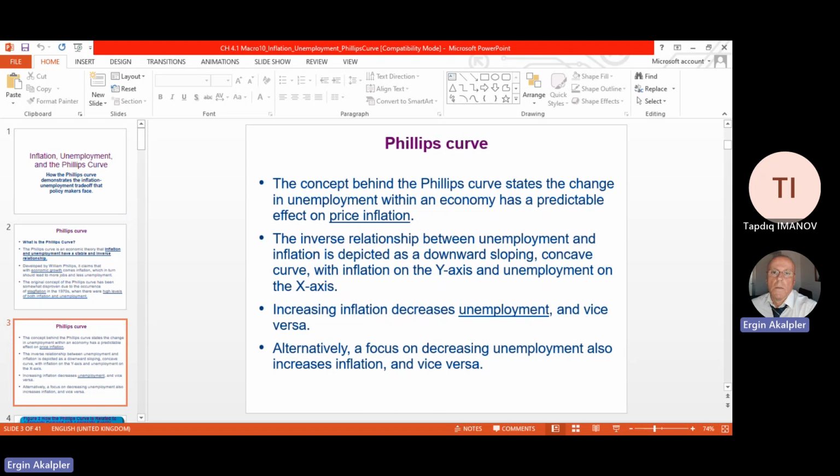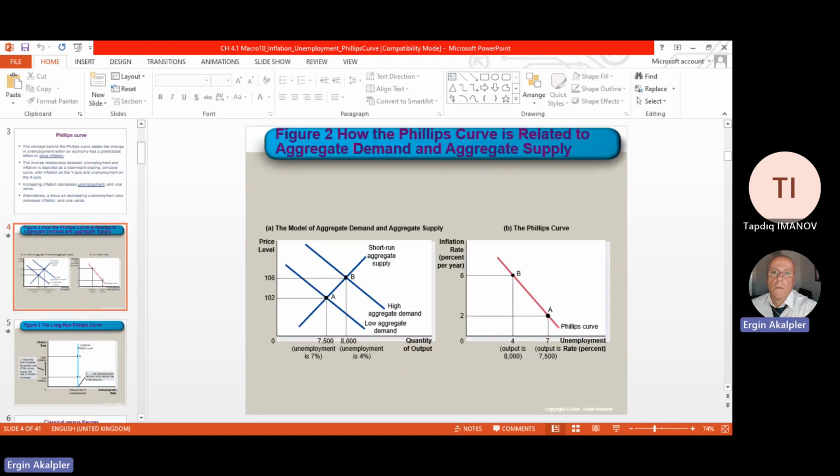This is represented in the graphical illustration as indicated here, given on the right side. We are observing the Phillips curve, which is not drawn very curved, but is illustrated as a linear curve. You have observed that between inflation and the unemployment rate there is an inverse relationship.